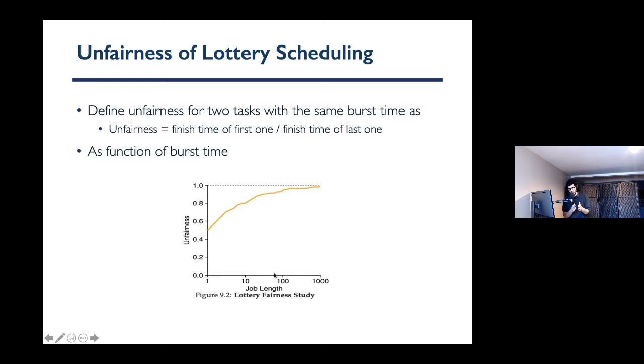If they're really short, this means that the window that we can focus on is short. So in a short window, we don't get actual averages. If they're long, then we can look at a longer window and we get on average a fair system.